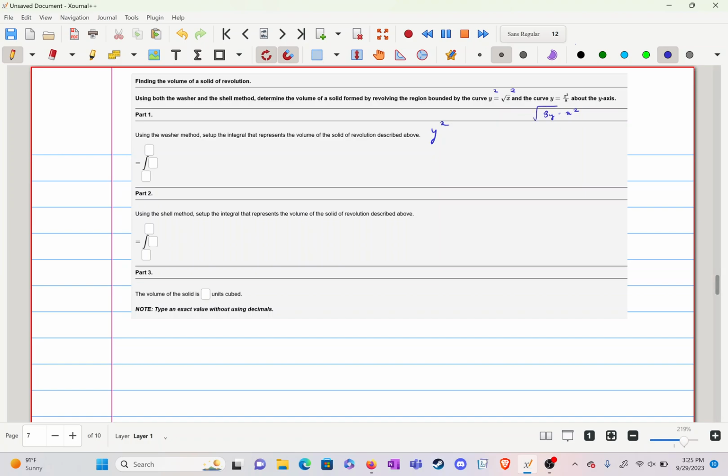So we have the square root of 8y, and then y squared. Well, y squared is just a parabola, and a square root looks something like this. So our top function is going to be the square root. So we have the square root of 8y minus y squared, everything squared, with a pi out in front, and with dy on the side.